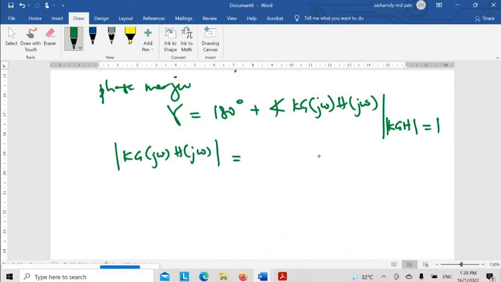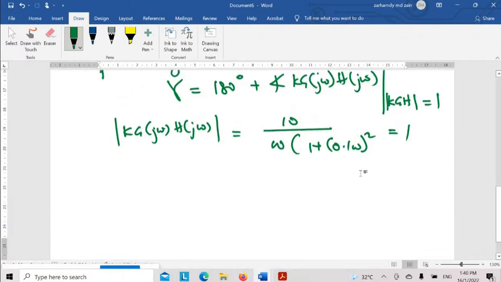Okay, so we have omega, we have 1 plus 0.1 omega square, equal to 1. Saya jarakkan sikit, copy dulu. We need to calculate to find the omega.